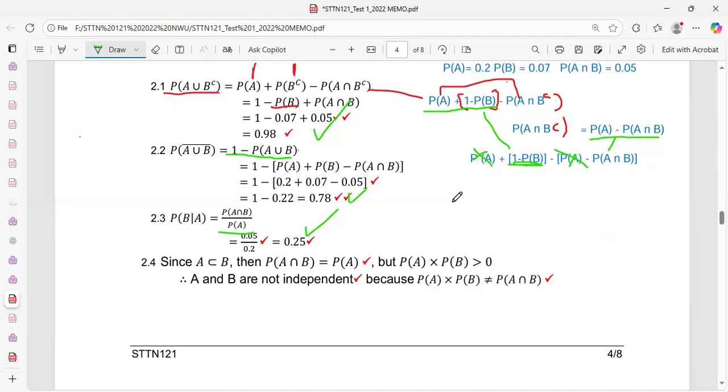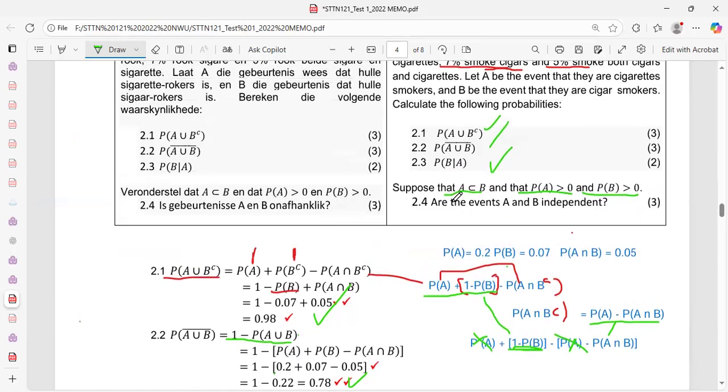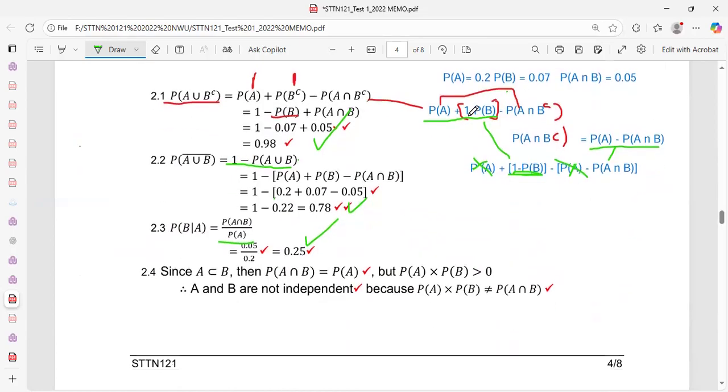On part 2, I remember I said that if events A and B are independent, it means that the probability of A and B must be equal to probability of A multiplied by probability of B. So this question is not part of that thing with 0.07 and so on. Let's see.